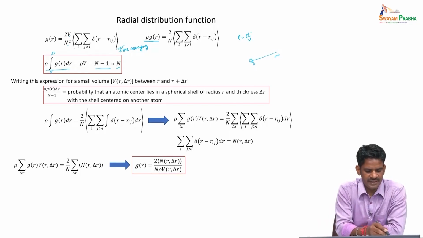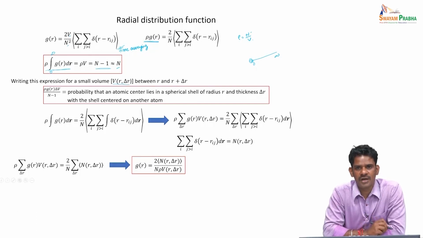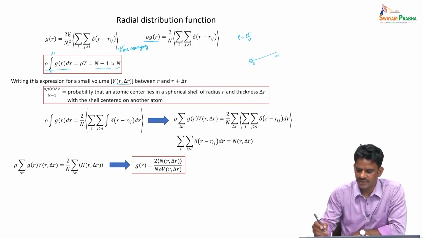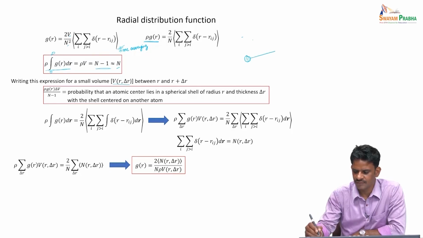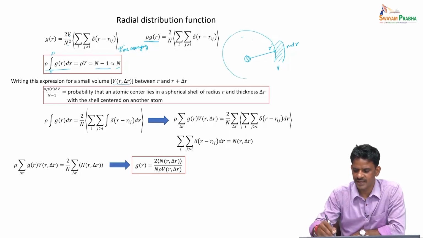So, we take this integral and write it for a small volume V in the limit of r to r plus dr. What this means is that about a particle, we take a small volume at a distance r to r plus dr. We write this expression for a small volume V, that is, the volume of this shell.